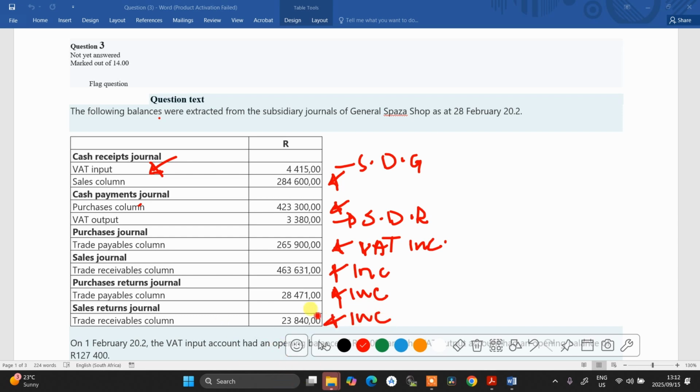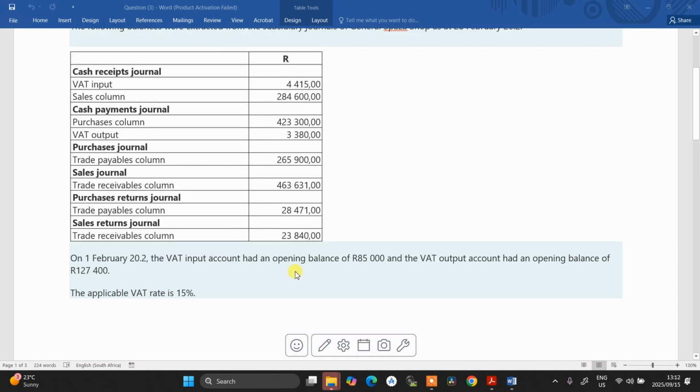Okay, so let us look at the next set of information. Okay, I think that's all that they have given us in terms of this question here. And then they told us that on 1 February 20.2, the VAT input account had an opening balance of 85,000 and the VAT output account had an opening balance of 124,400.